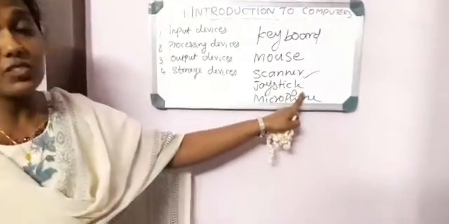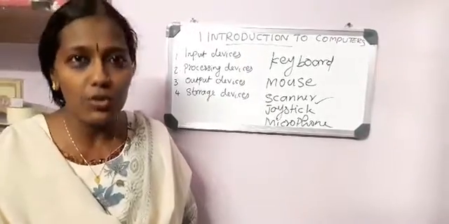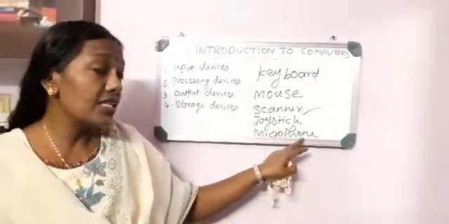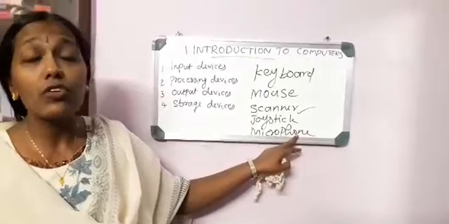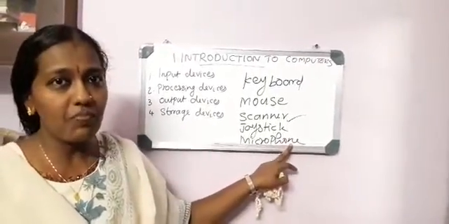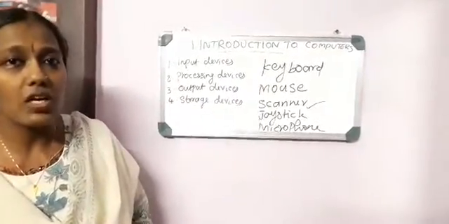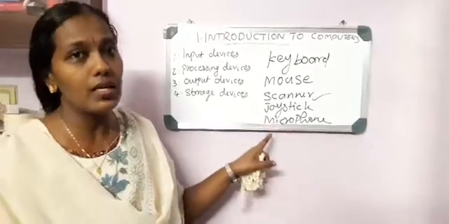Children, you are familiar with the joystick, right? It is used to control video games. The last one is the microphone. A microphone is used to record voice signals. So these are the different input devices which we are using regularly.